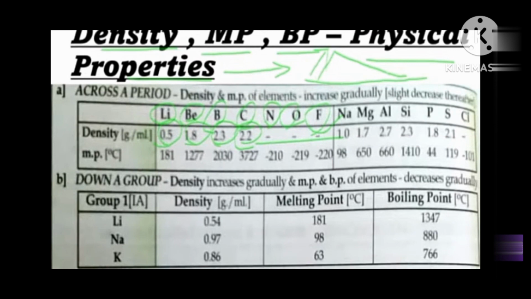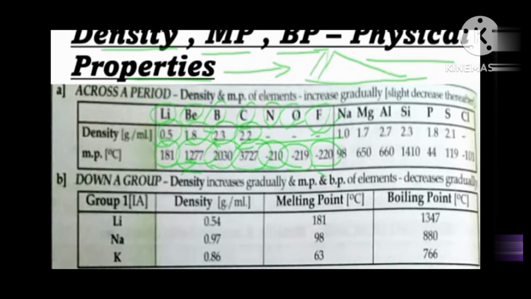Now here is the melting point in Celsius. There also you can see it gradually increasing and then slightly decreasing. See here 181, then it gradually increases to 1277, 2030, 3727, and then it slightly decreases: minus 210, minus 219, minus 220.